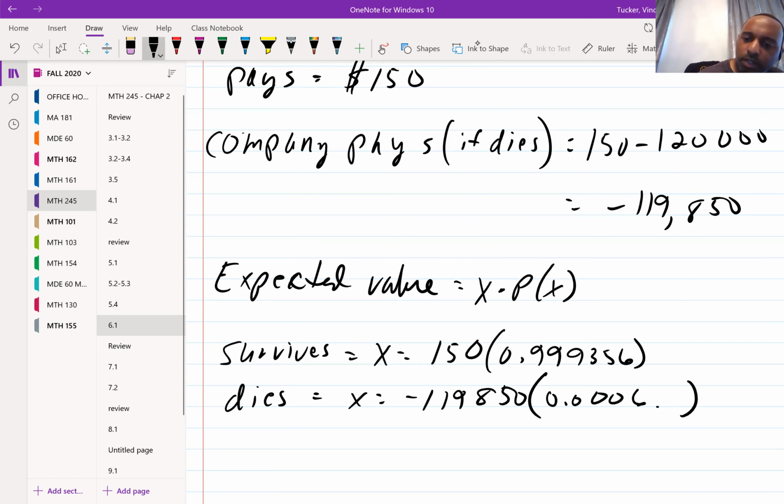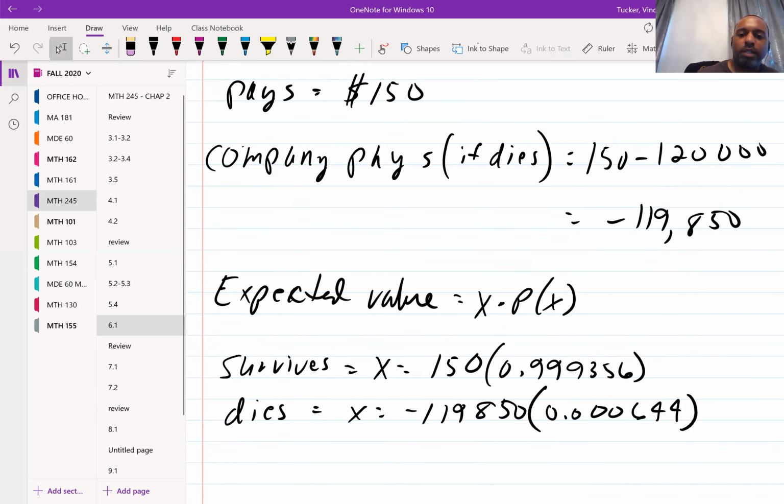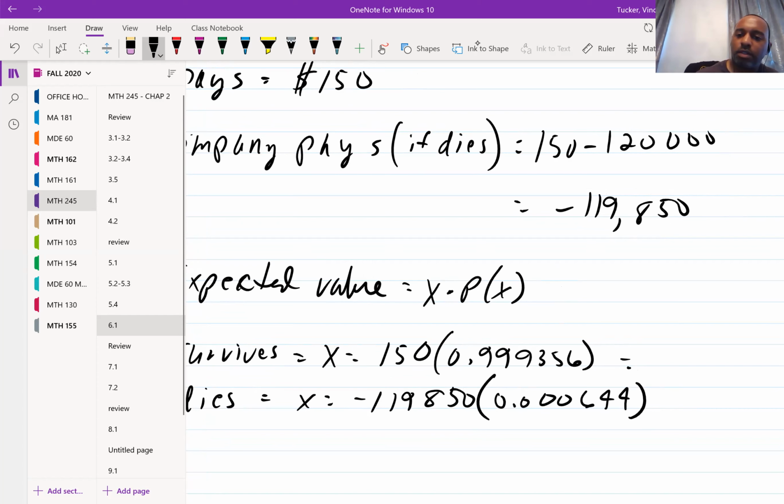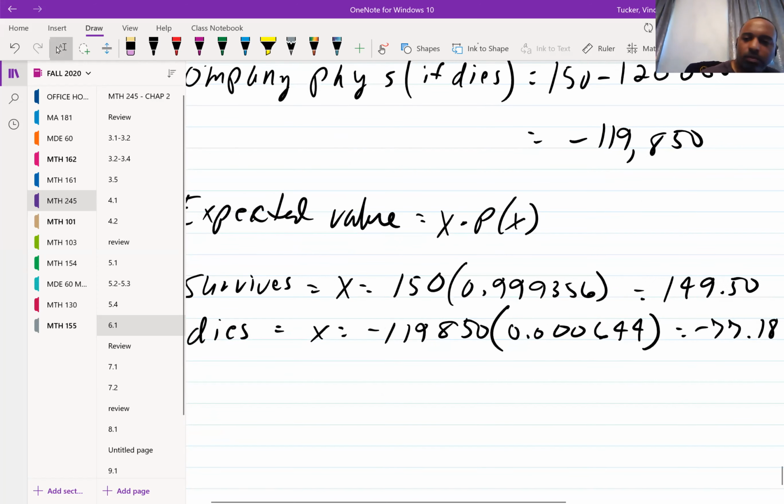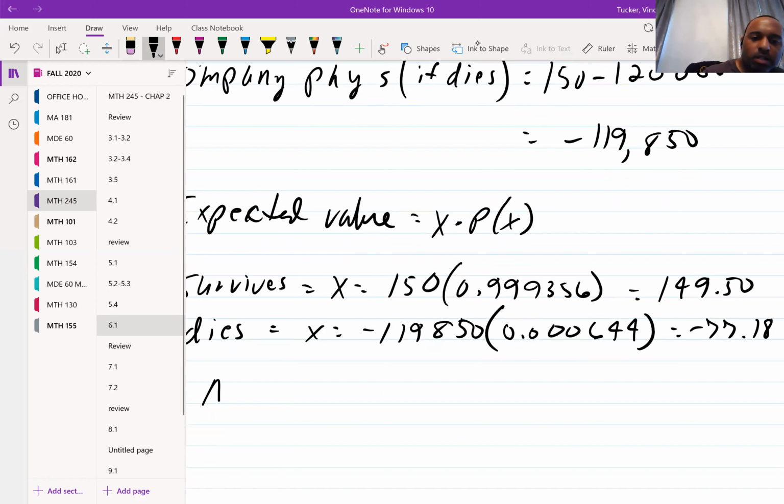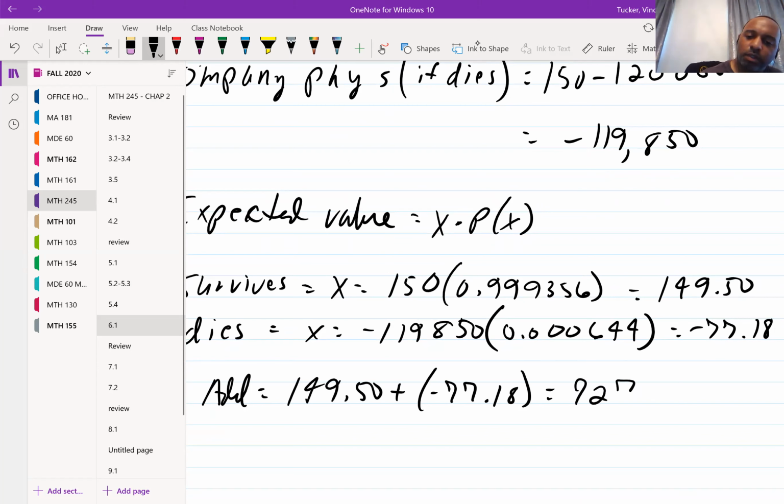So to calculate the expected value, we're going to take that dollar value for each one of them multiplied by the probability that the person survives versus the person dies. So this is going to be 149.50. This is going to be negative 77.18. And then we're going to add them together. 72.72.